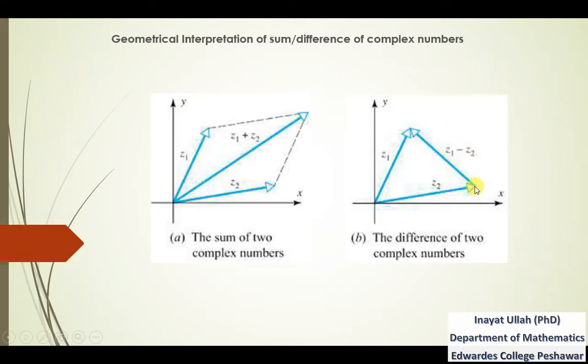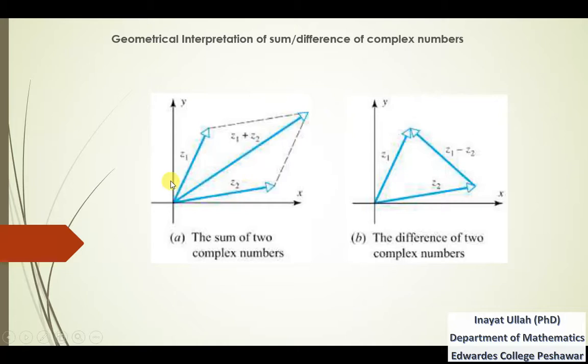That is the diagonal from z2 to z1, not from z1 to z2, but from z2 to z1. If you see here, we are going to find z1 minus z2, so that will be the vector from z2 to z1. That is the difference of two complex numbers.